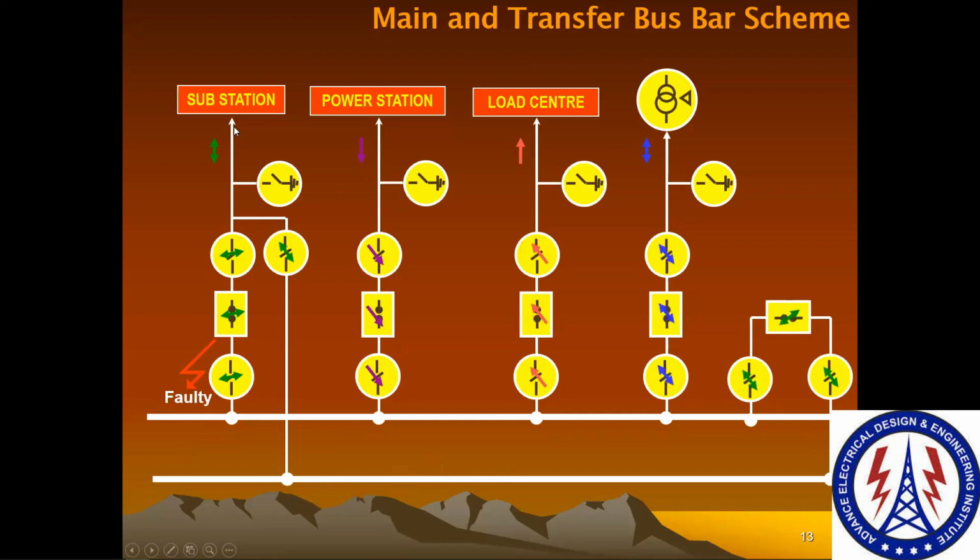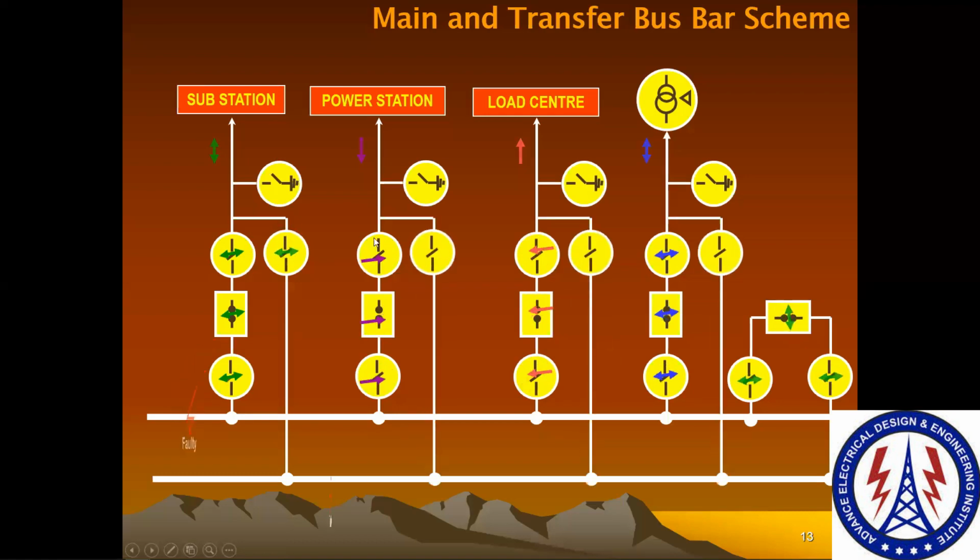For this case, the bus coupler circuit breaker acts as a feeder circuit breaker. So we need to create a logic in the schematics in such a way that when you are transferring this feeder by bypassing through this isolator, the bus coupler circuit breaker automatically becomes the line circuit breaker.